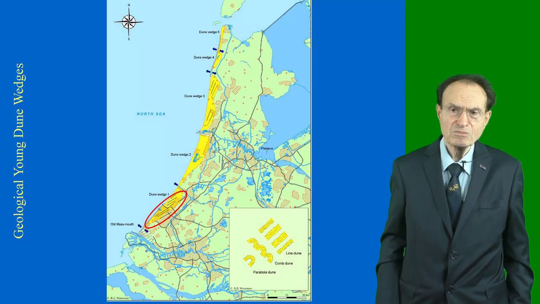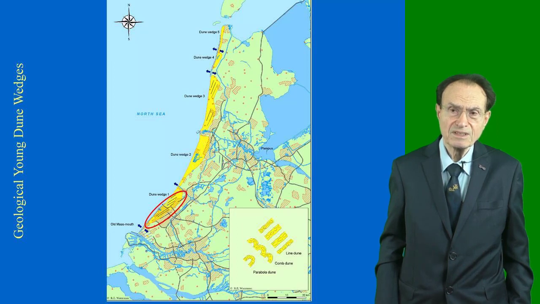And then comes the next narrow spot, where the old Rhine River, which used to be the main river Rhine in the past, is near Katwijk and Noordwijk with a discharge sluice.